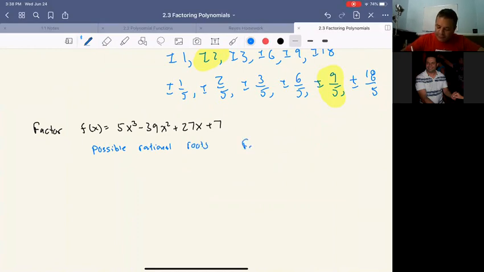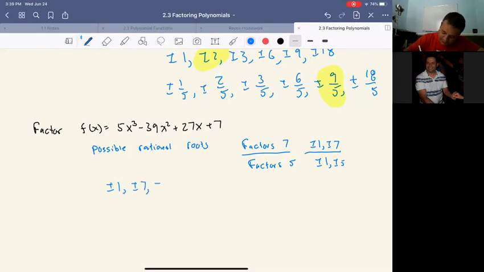Factors of 7 over factors of 5: plus or minus 1, plus or minus 7, over plus or minus 1, plus or minus 5. So we're going to get plus or minus 1, plus or minus 7, plus or minus 1/5, plus or minus 7/5.